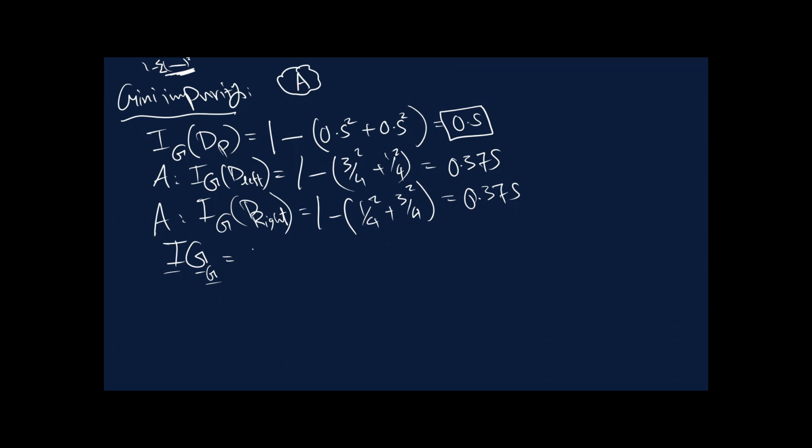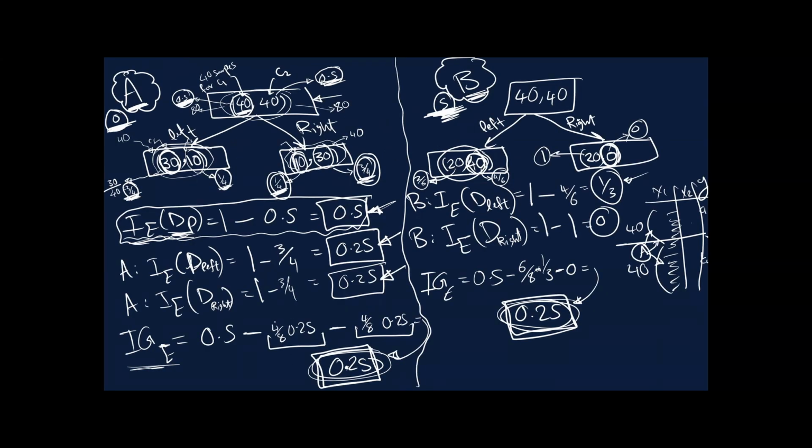So it will be 0.5, the impurity of the parent, and then minus, we can take the ratio from what we just calculated in the classification error, because it's the same ratio.